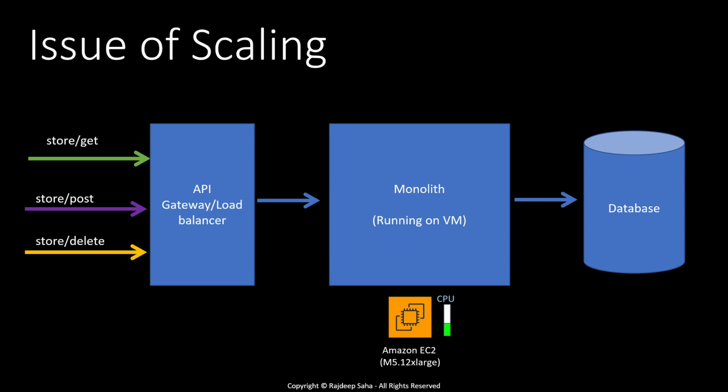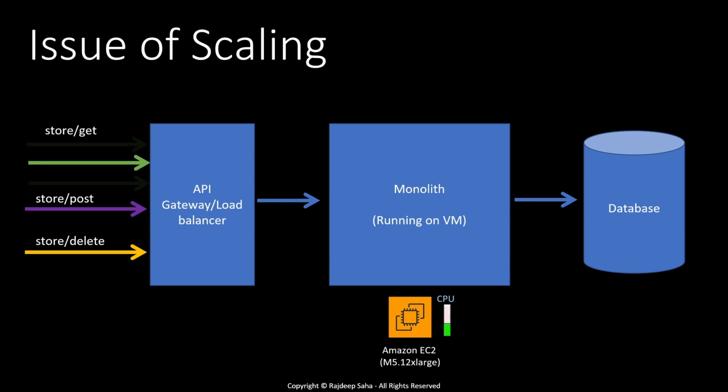As the names suggest, you can imagine store/get gets some information about a product, store/post posts information about a product or a customer or a purchase, and store/delete deletes information from the database.